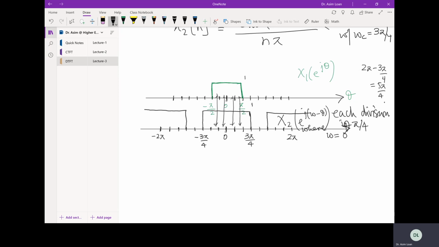So there are four pi by 4 divisions that are overlapping. So at omega equal to 0, the overlap is pi, right? Okay, good.